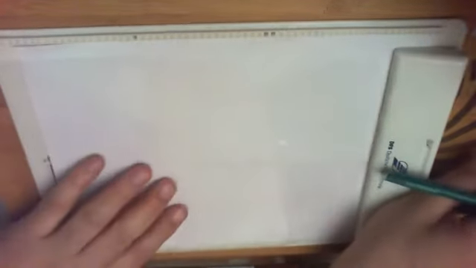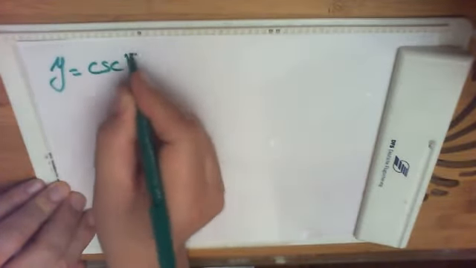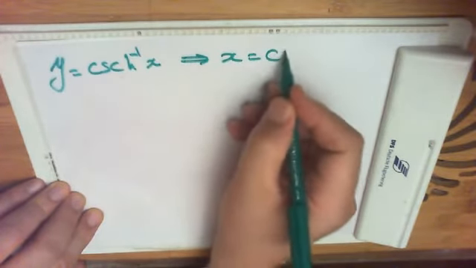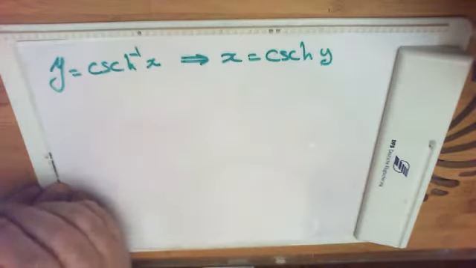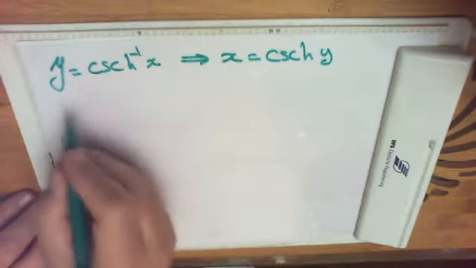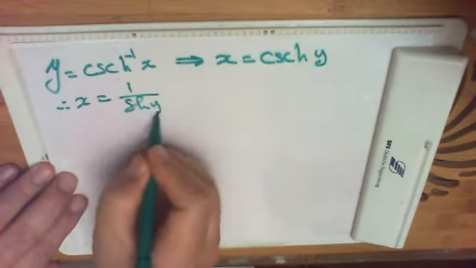We have y equals cosec minus 1 x, which means x equals cosec y. But cosec y is 1 over sin y.